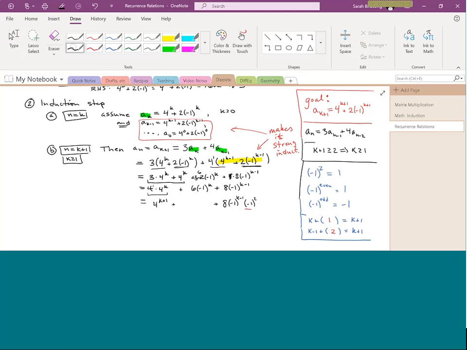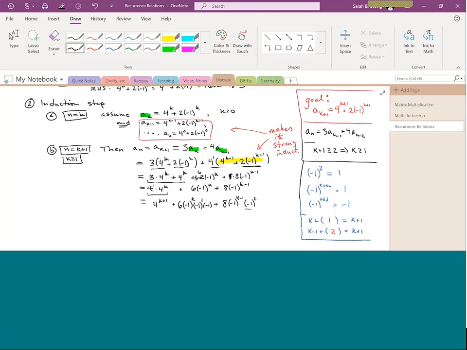Now, here's where we actually have to be a little bit fancy. So we had 6, we had -1 to the k. We only want to include one extra copy of our -1 raised to a power. Unfortunately, if you do that here, it will change the sign. So we're really going to still be multiplying by -1 squared.